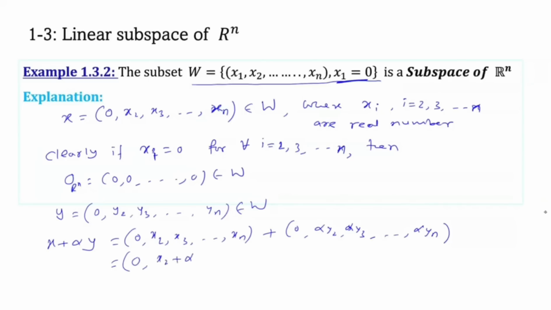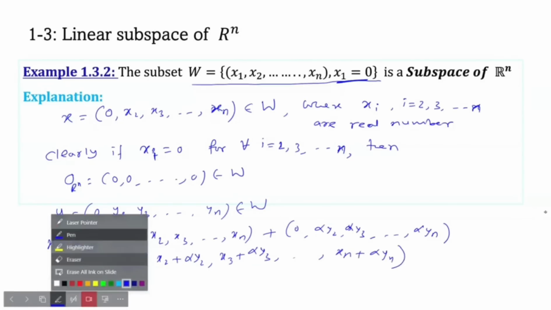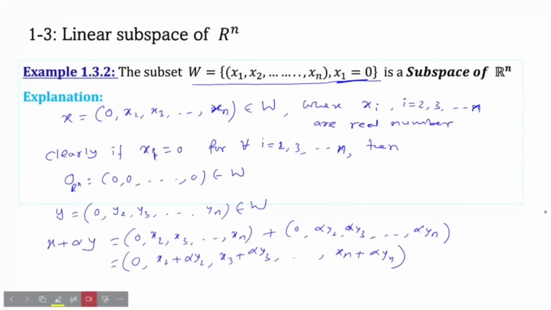So if you add them, you will get 0, x2 plus alpha y2, x3 plus alpha y3, and so on, up to xn plus alpha yn.